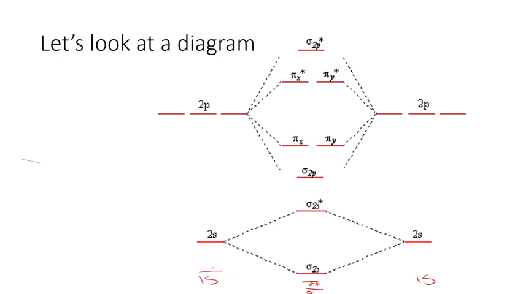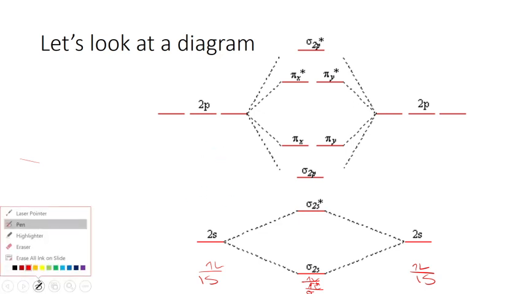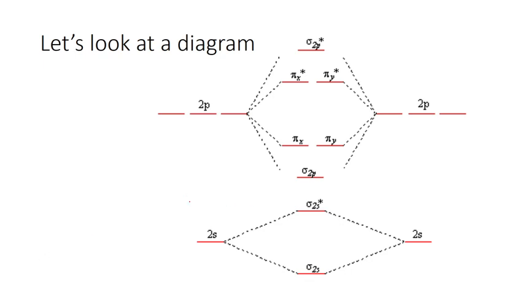You will have your 2 electrons from your 1s and your 2 electrons from your other 1s, and that makes 4 electrons, and you will just fill all those up in here, right? Because these work exactly like any other orbital. They hold 2 electrons, and that's the number that they hold. So that's why we don't see the 1s on here.